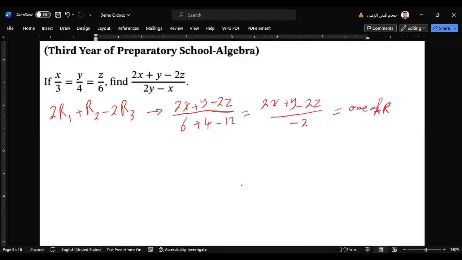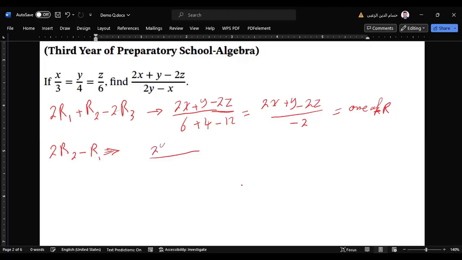And we'll do the same to get the denominator here. We'll take 2 times the antecedent and consequent of the second ratio minus the first ratio.